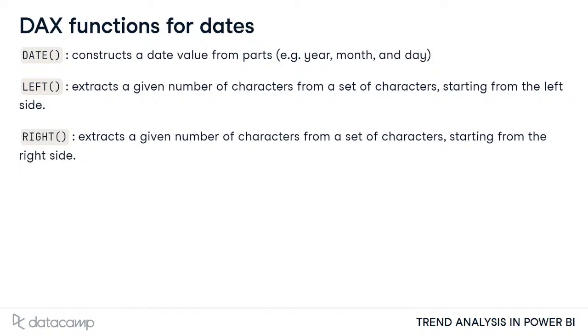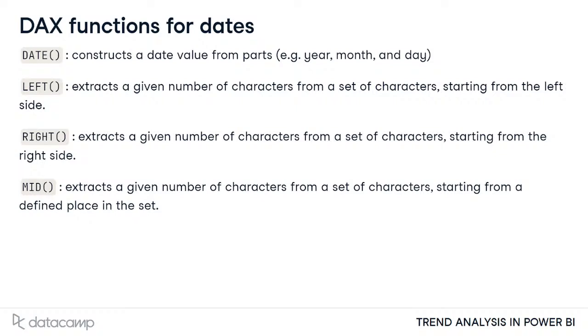Right is the opposite function which extracts a given number of characters from a set of characters starting from the right side. The mid function extracts a given number of characters, again, from a set of characters, starting from a defined place in the set.